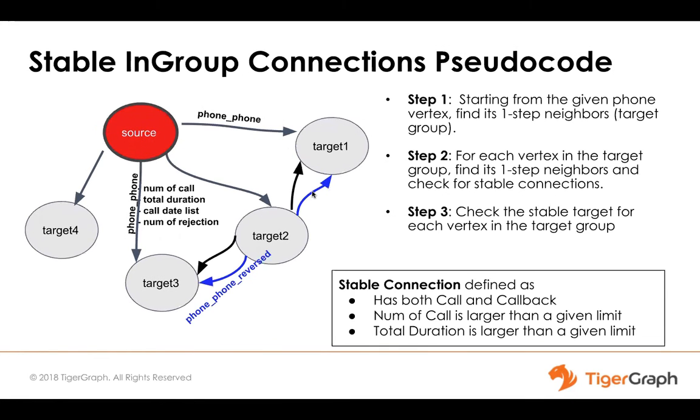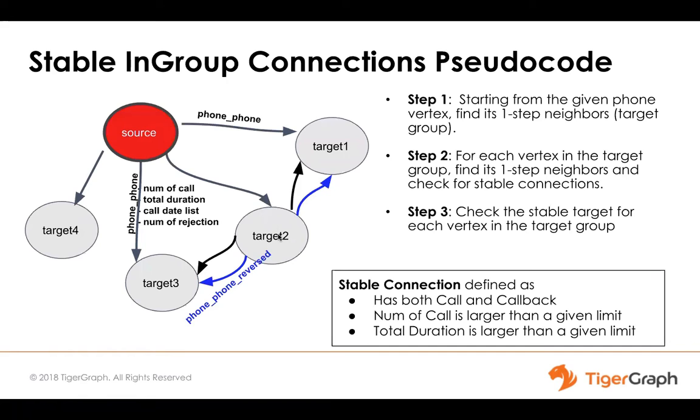So then look at the stable in-group connections. Stable in-group connections are similar to the stable group of the source, but they require one more step of traversal. So the idea is, in step 1, we still start from the source vertex. We do a one-step neighbor traversal.